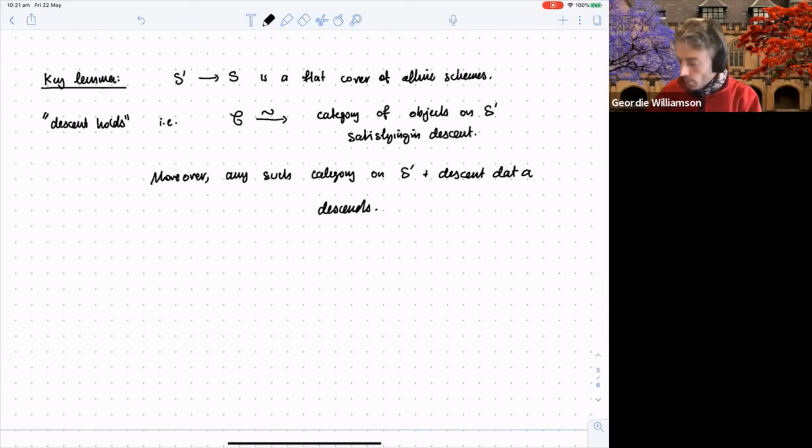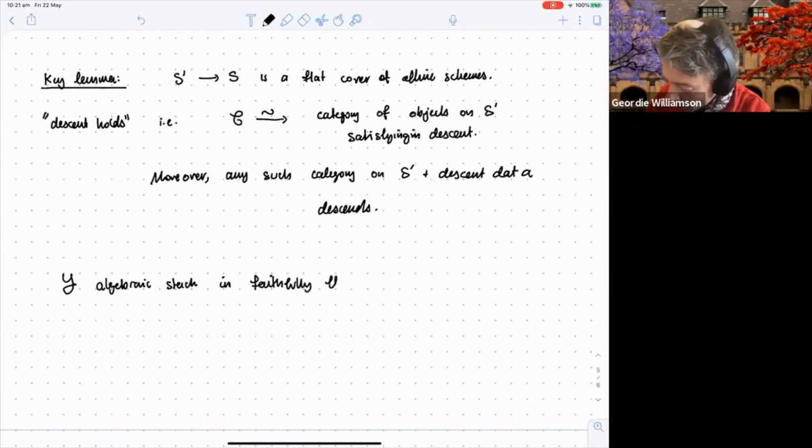So Y should be an algebraic stack, in the faithfully flat sense. So that means open cover means flat cover, and an affine diagonal.